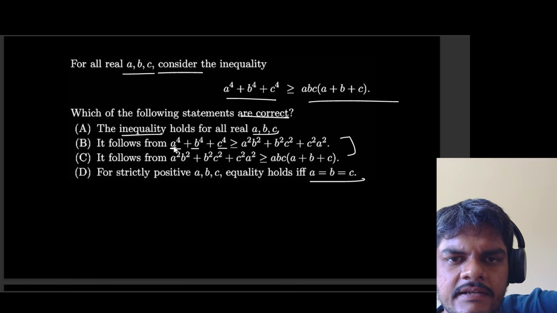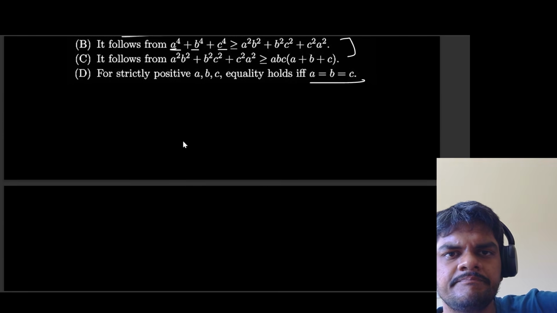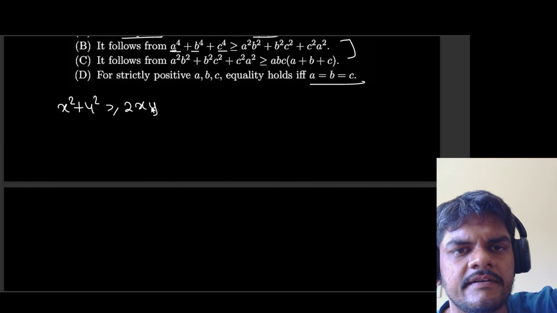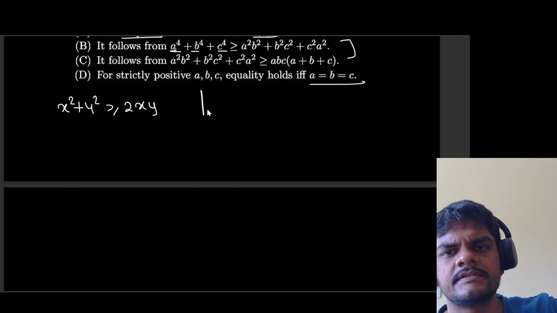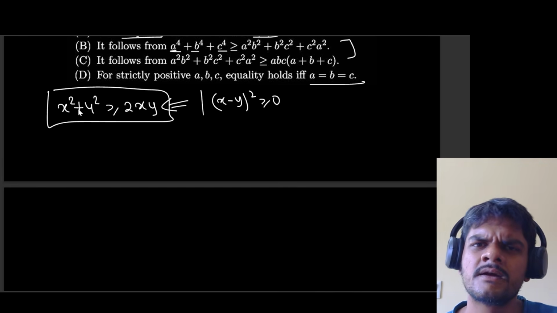So first, let's see how we get this one. You see, x square plus y square is always greater than or equal to 2xy, because x minus y whole square is greater than or equal to 0. This will follow from that. This is always true.